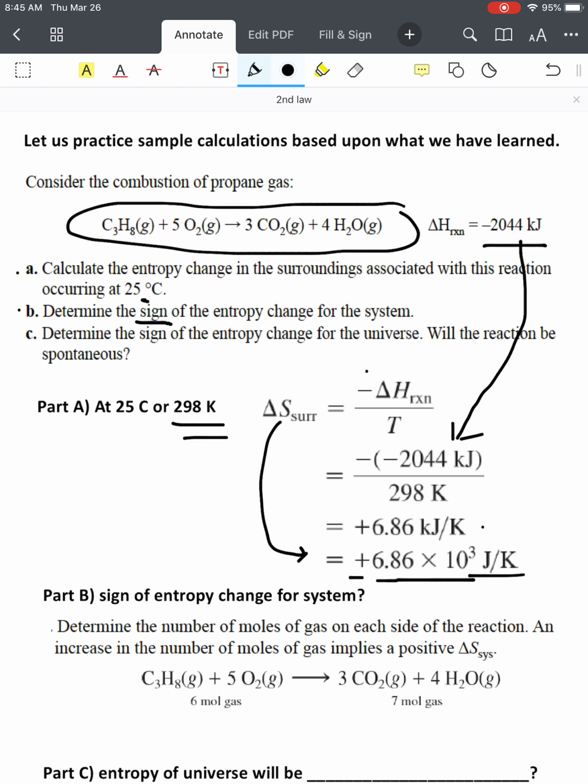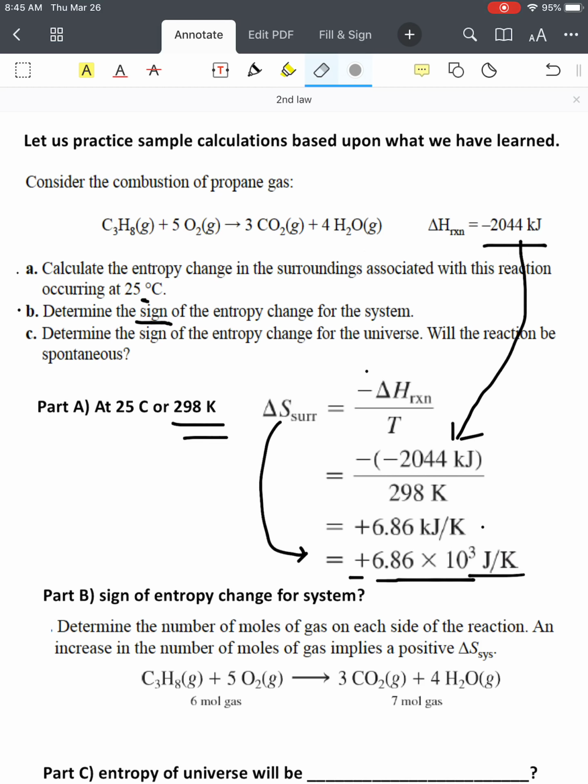So I'm thinking about that principle, and I'm seeing that there's 3 and 4, that makes 7 moles of gas on my right side. And over here on the left, there's only what? 6. So through the chemical change of this reaction, I'm basically making 1 more mole.